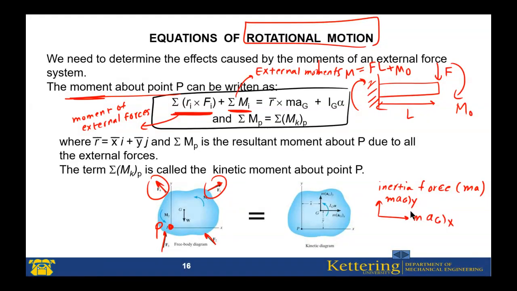Also, these forces have moments about the point P. For example, this is the inertial force. This one has a distance of x bar from P. This one is mAgx. This one has a distance of y bar about P. And this is how we can find the moment. This one is the moment of inertial forces.